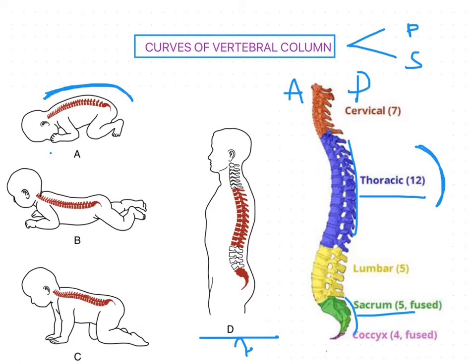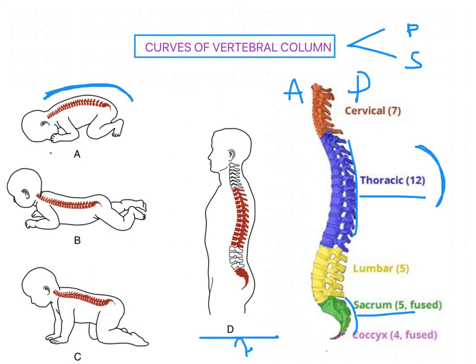The remaining two curves, the secondary curves, are formed during the infancy period. Finally, in the adult we can find four curves. What are the two secondary curves?